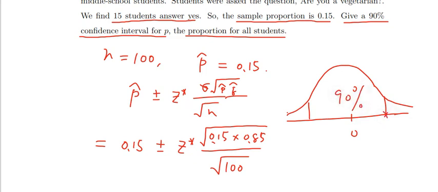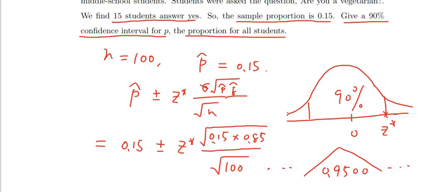So checking the table, everything less than this C star is 95%, because 90% is inside and outside we have 5%, the left tail and right tail. So we need to check 0.9500 in the table and find the neighborhood.